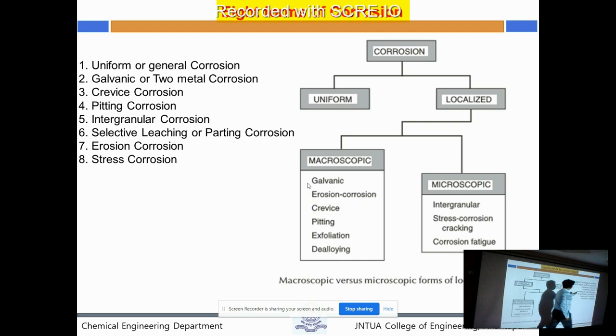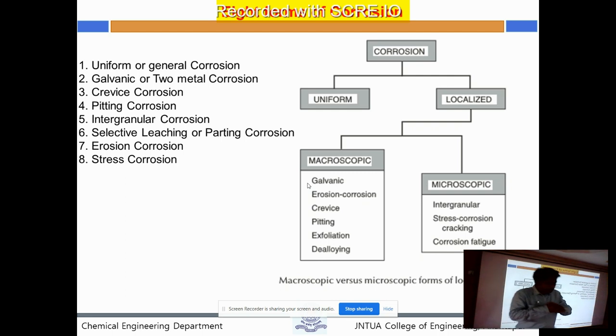These are the eight forms: uniform or general corrosion, galvanic or two-metal corrosion, crevice corrosion, pitting corrosion, intergranular corrosion, selective leaching or parting corrosion, erosion corrosion, and stress corrosion. So these are the eight forms of corrosion. Now, in a broader way, if I write corrosion as uniform or localized, what is uniform? What is localized?